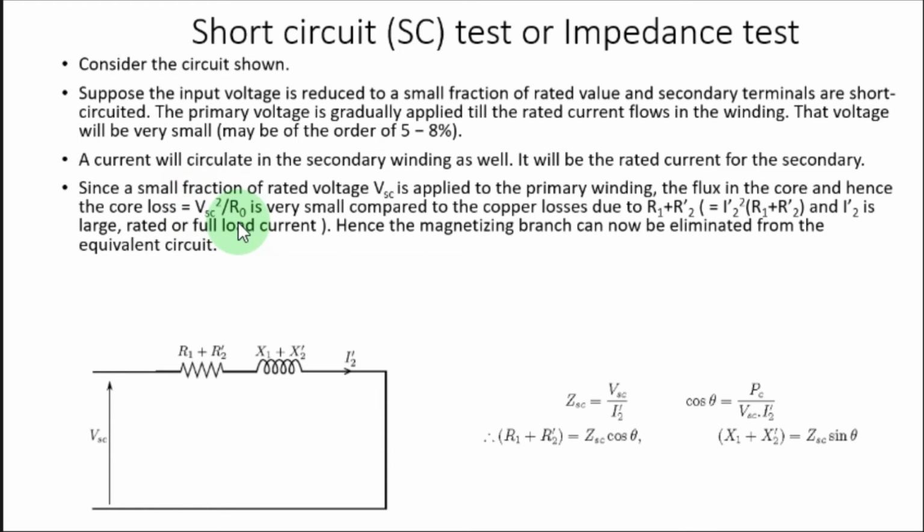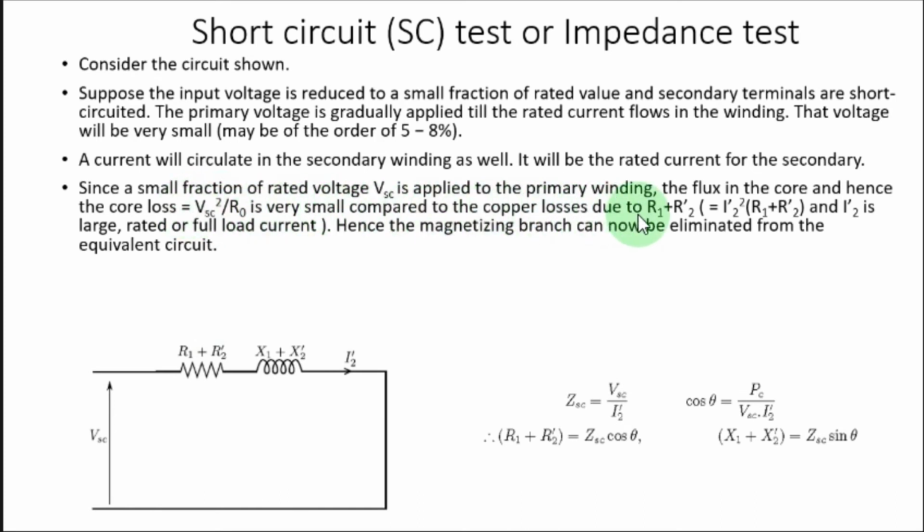When we say loss, actually loss is happening on the resistance R naught only. So the voltage applied across it is VSC, so it is VSC squared over R naught. It's very small because VSC is small, compared to the copper losses.